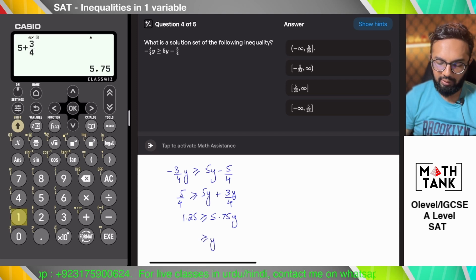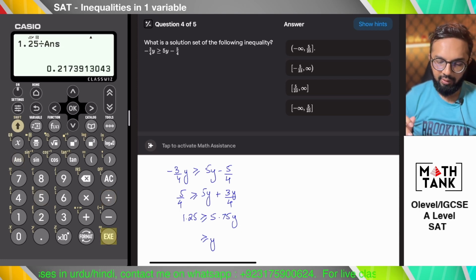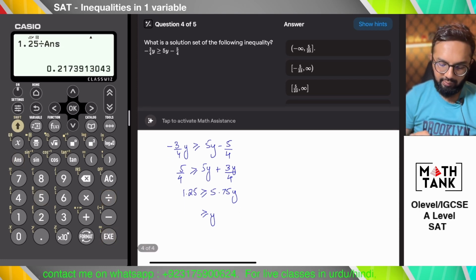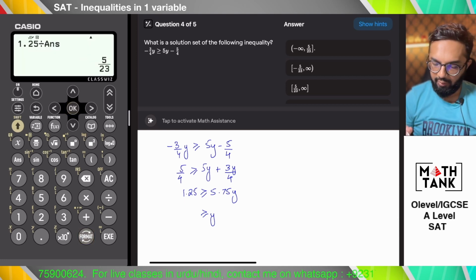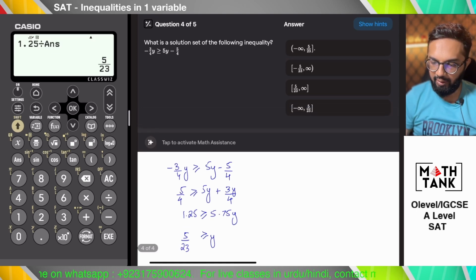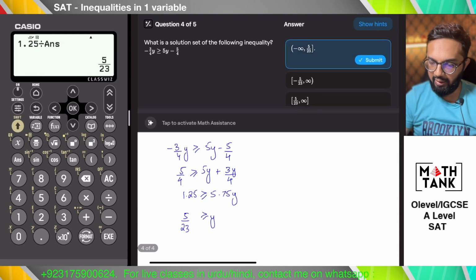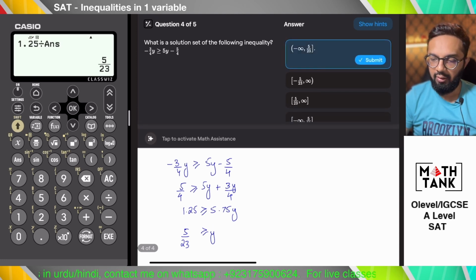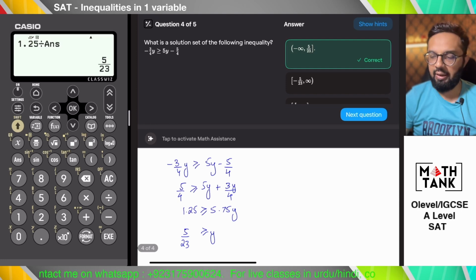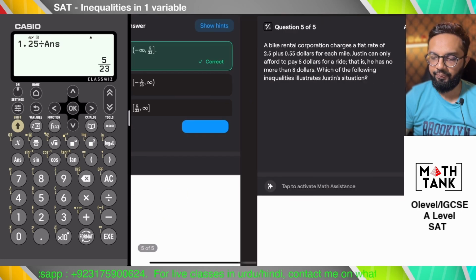So 1.25 divided by my answer gives me 5 over 23. y is less than or equal to 5 over 23. So there's a square bracket on less than or equal to, and then minus infinity. So that should be the correct answer. Yes, that is indeed the correct answer.